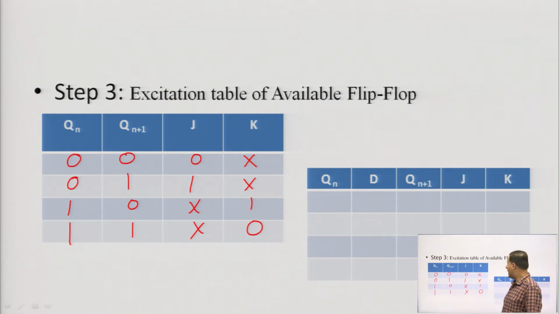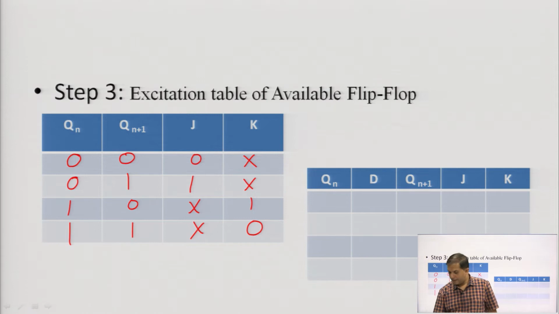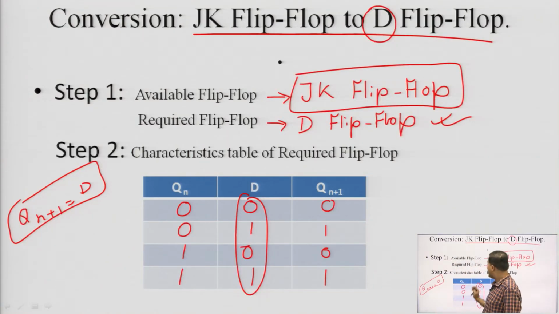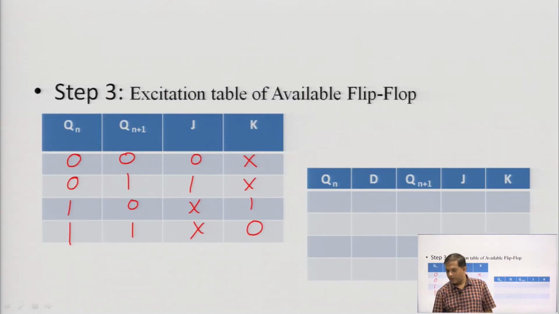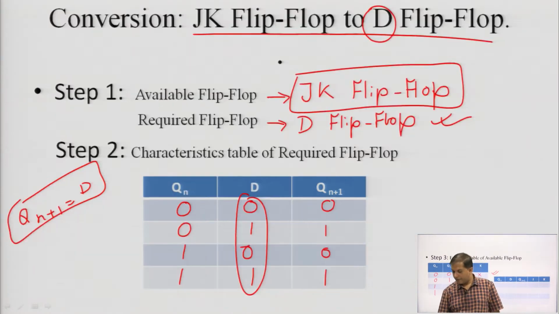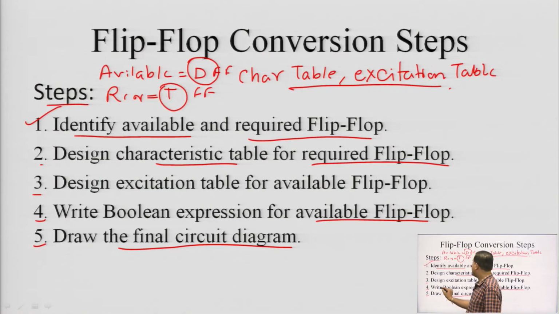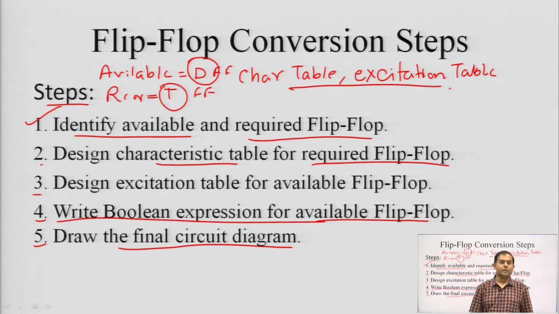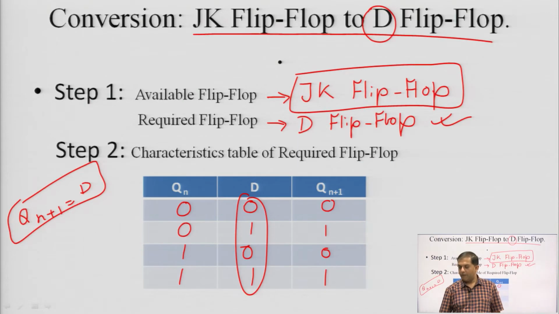Okay. So, now with the use of this characteristic table and excitation table, we are going to design the final table. Okay. This is the final table. So, here you can check the fourth part is to write the Boolean expression for the available flip flop. Our available flip flop is the JK flip flop and the required flip flop is the D flip flop.